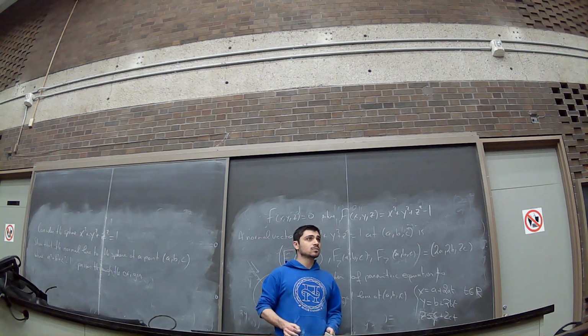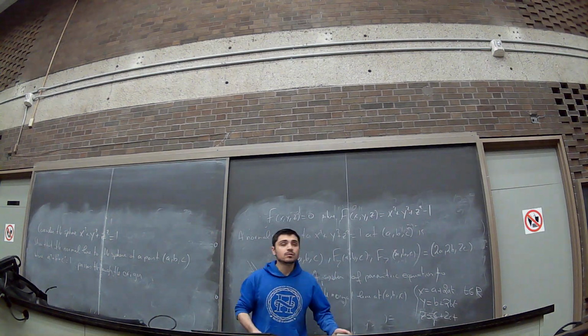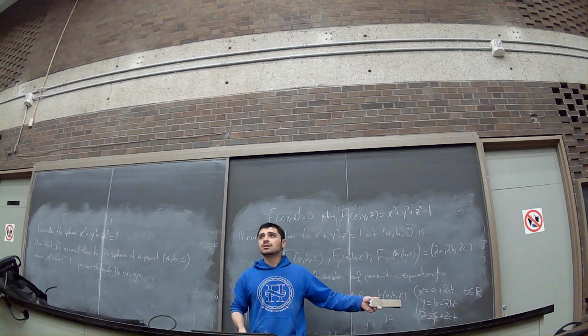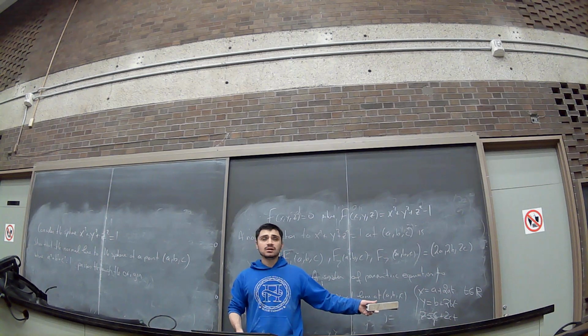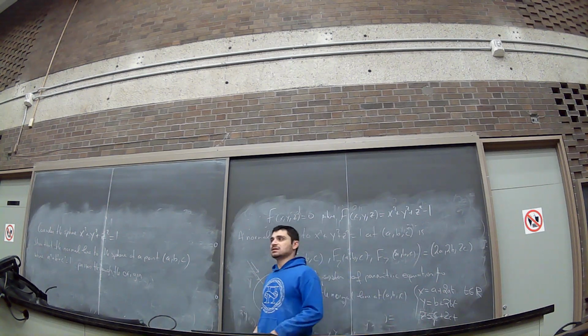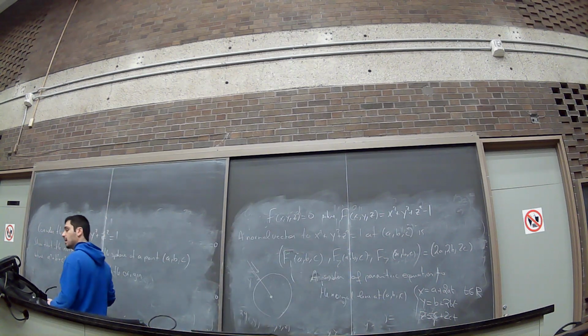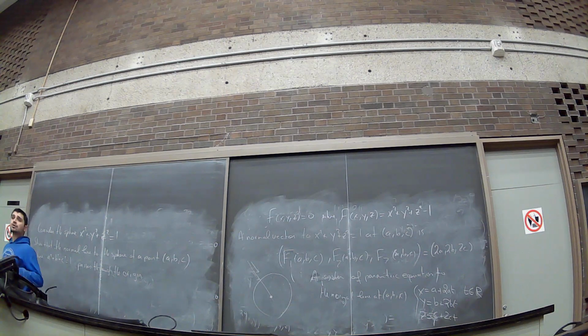Are we good? We've seen this before in linear algebra, right? If you have a system of parametric equations defining a line, how do you check that a point belongs to the line? You need to have one value of the parameter giving you the point.